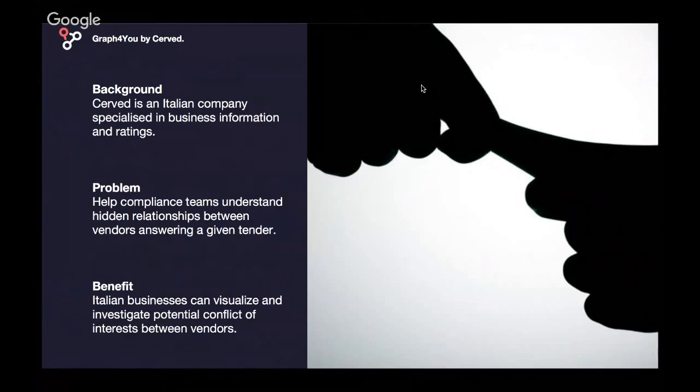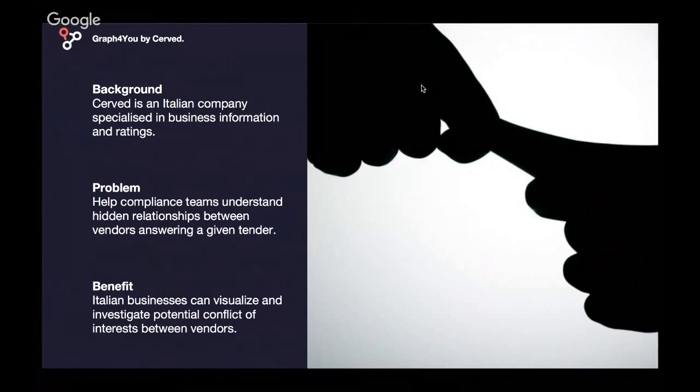Big companies sometimes award contracts through a tender process in which multiple vendors participate and provide their best offers. Of course, if the vendors are linked with one another, then there's a big possibility of conflict of interest and the possibility that the tender process becomes rigged. So that's a big issue for compliance teams.